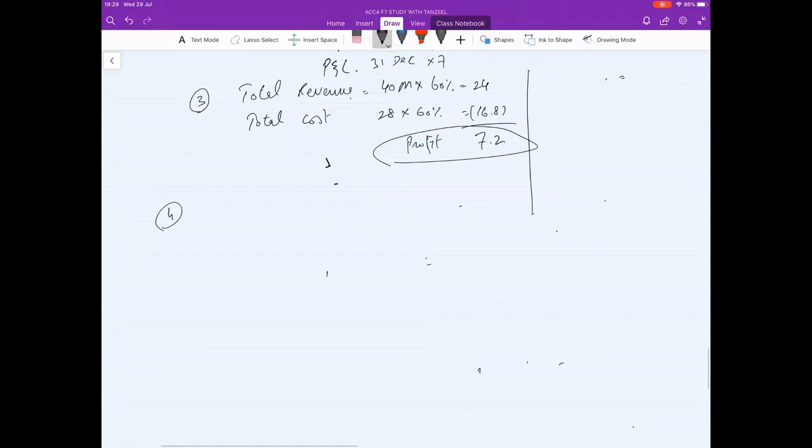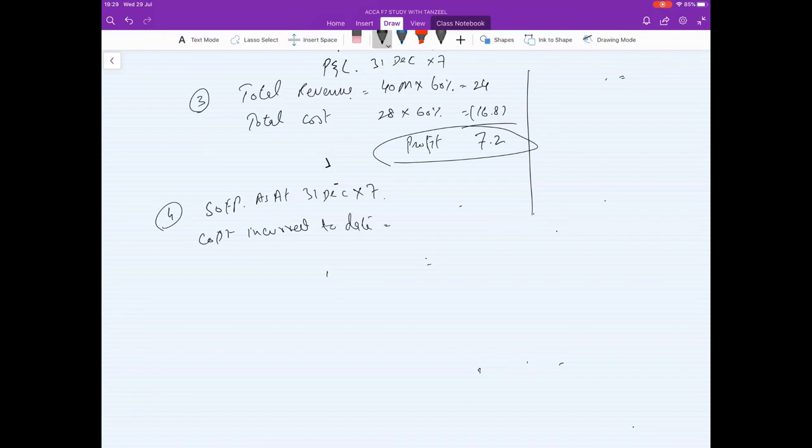After this we calculate the SOFP. SOFP is really simple, as at 31st December X7 first. Okay, so cost incurred to date.